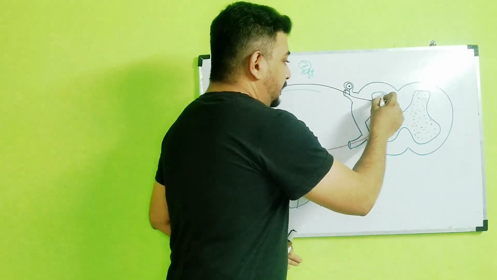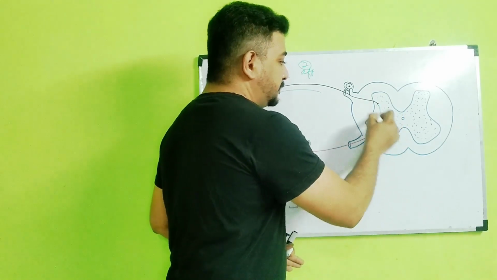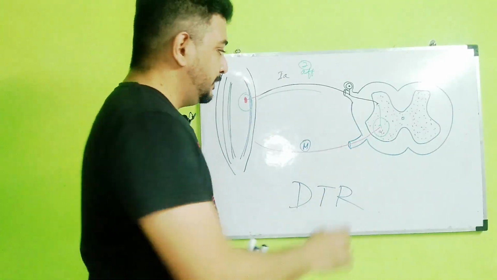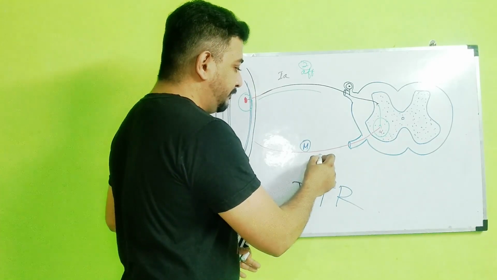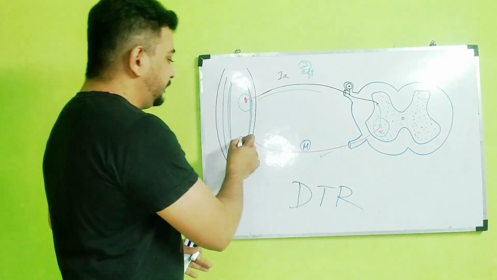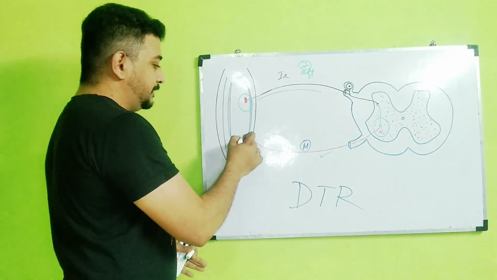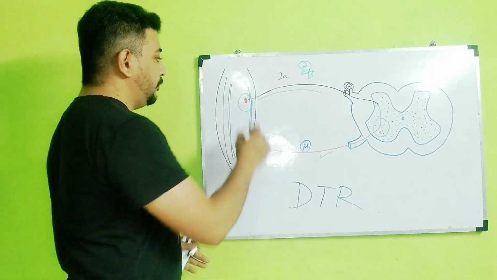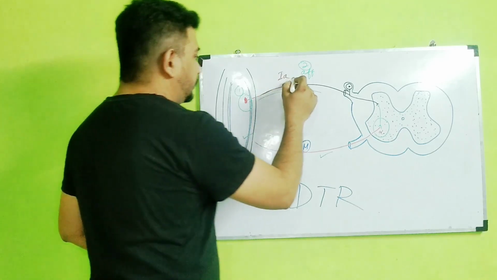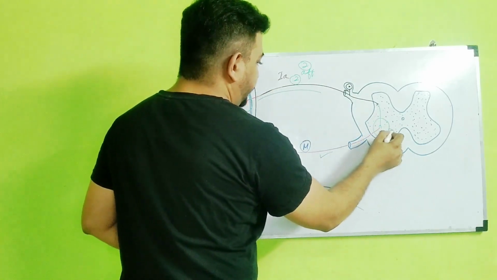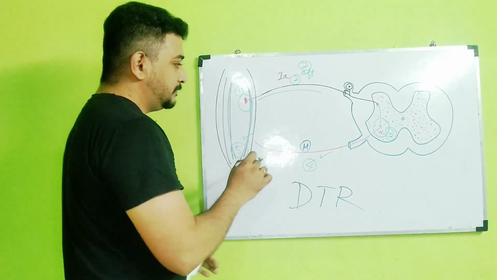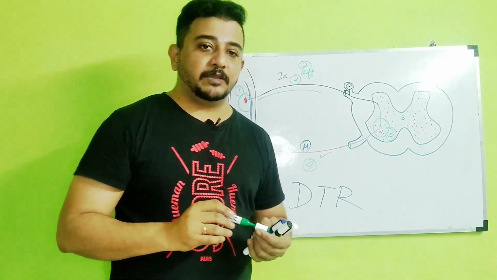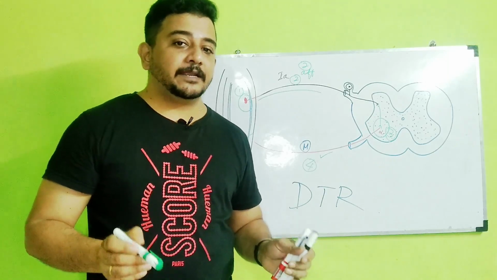Then the anterior horn cell numbers should be sufficient. Then the efferent nerve fiber, that is the motor nerve fiber, should be fine. And then the effector organ, that is the muscle, should be fine. So how many? The integrity of 1, 2, 3, 4 and 5. So these 5 structures we are testing by means of a reflex arc assessment.